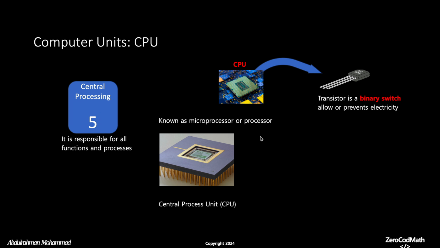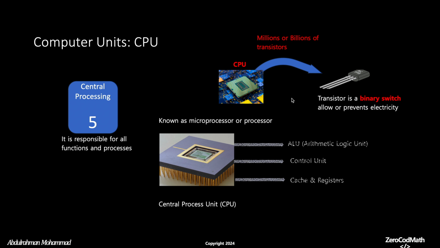A CPU consists of transistors. A transistor is a binary switch, allow or prevent electricity. Do you know how many transistors exist in a CPU? Actually, millions or billions of transistors.